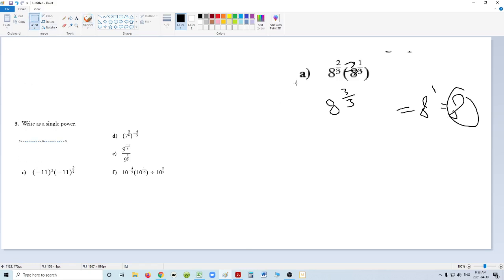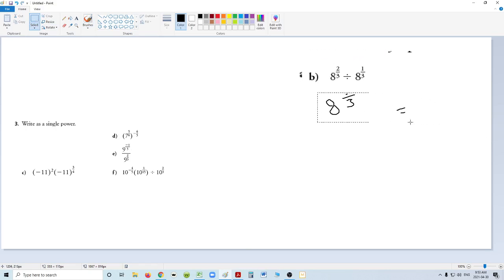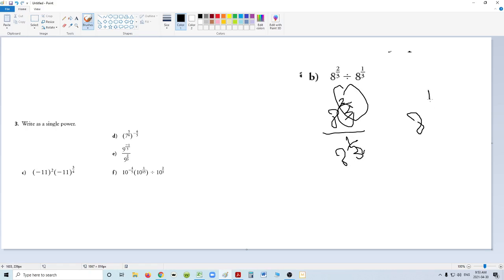Now we've got a division, and when it's written like this, you might get confused. However, division like this is the same as putting 8 to the 2/3 divided by 8 to the 1/3, which means I subtract their fractions. They're the same denominator. So 2/3 minus 1/3 becomes 8 to the 1/3.